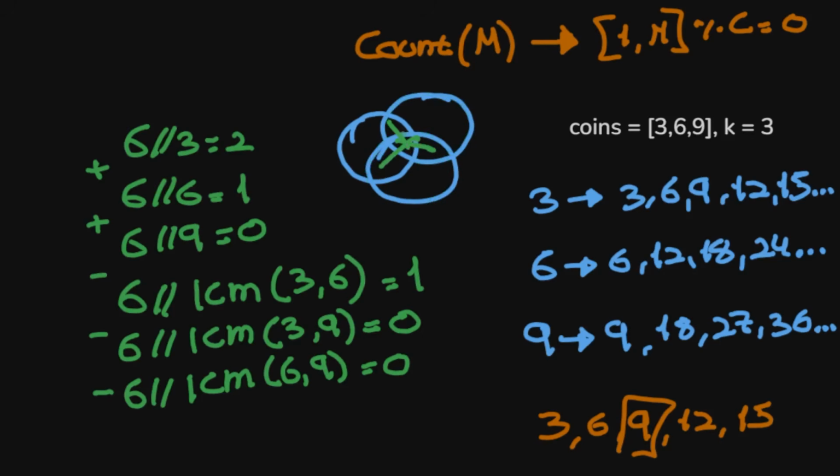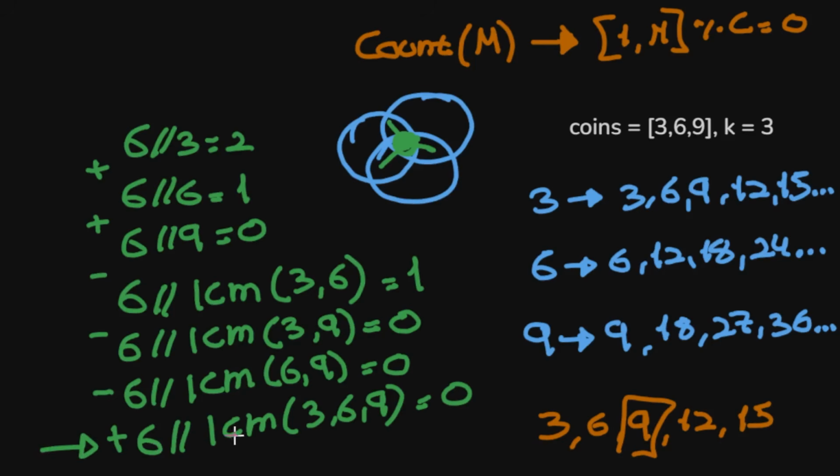As you can see, we are removing the triple intersection 3 times, which means that we are never counting it, but we have to count it, right? We have to count the intersection of these 3 elements. So if we have 3 elements, next we need to add the contribution of the intersection of 3, 6, and 9, because we are removing it 3 times here.